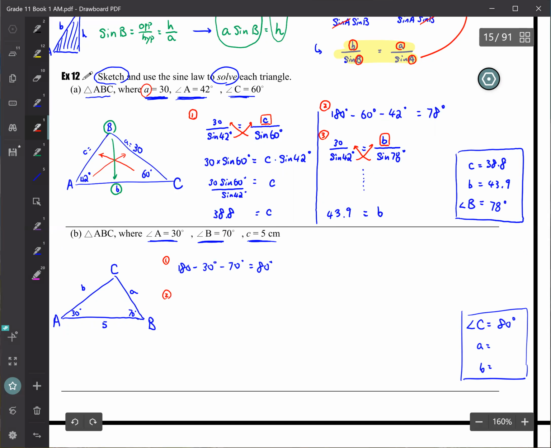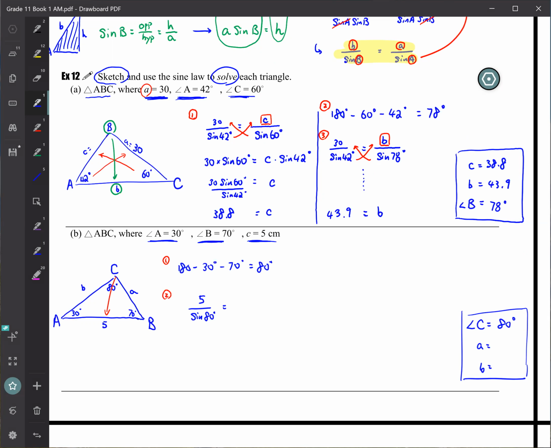Now we have a pair, right? We can do any pair we want now. So this one is 80 degree, so that's our pair. You can set that up: 5 over sine 80, right? That's the pair C. So up to you, you either find the A or B first.